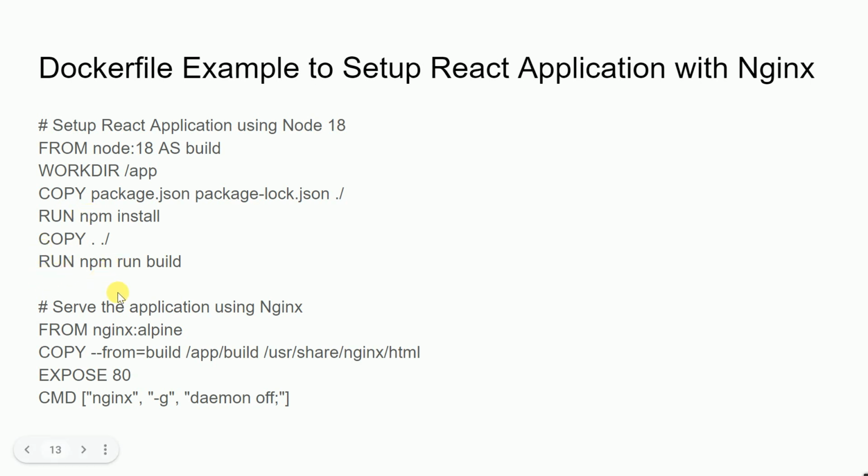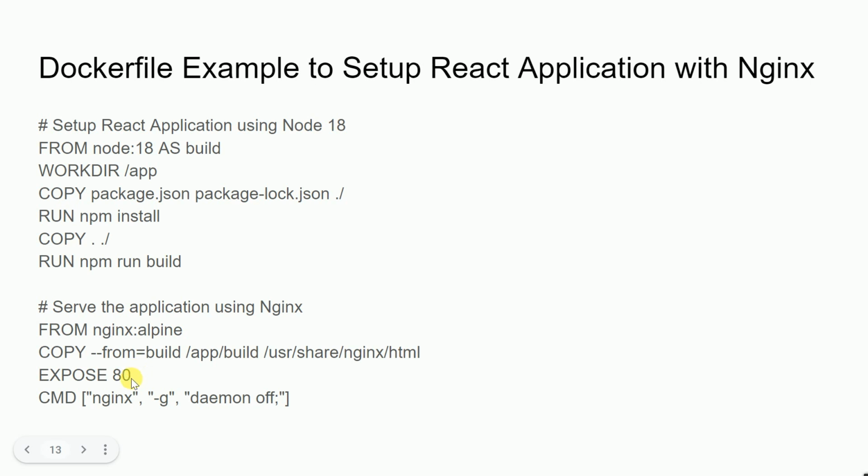Then serve the application from nginx:alpine, copy the build folder, app/build, to the /usr/share/nginx/html directory, and then just expose port 80.